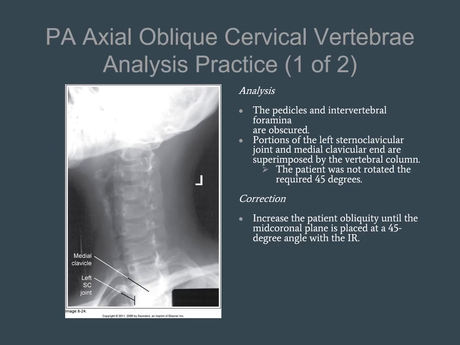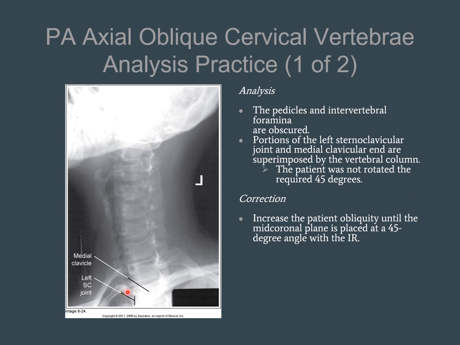So let's discuss our first oblique projection practice analysis. Looking at this projection, we can see that the pedicles here and intervertebral foramina are obscured.